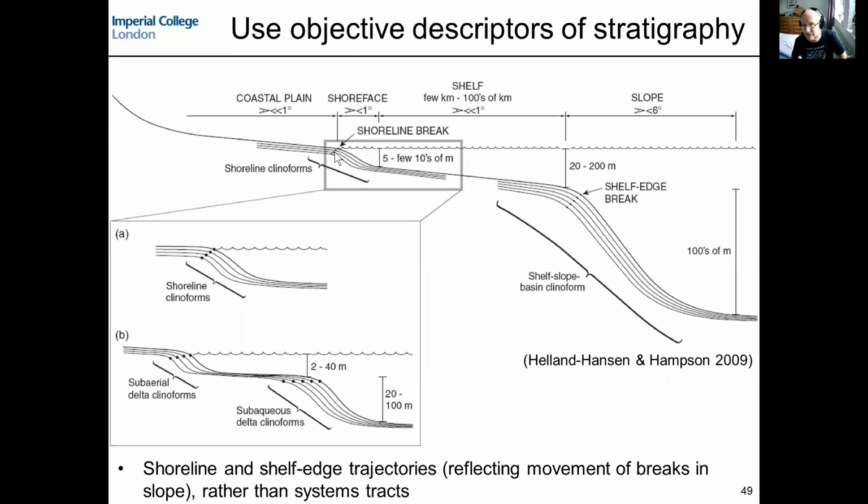And we can do that using seismic data, for example, where we have the geometrical information to pick out those boundaries. Or, for example, a shoreline might be associated with a particular type of facies that we can map out using outcrop or well and core data. And we can say, is that trajectory building outwards? Is it building upwards? Is it retreating? So we can use shoreline and shelf edge trajectories as one way of objectively describing the patterns that we see.